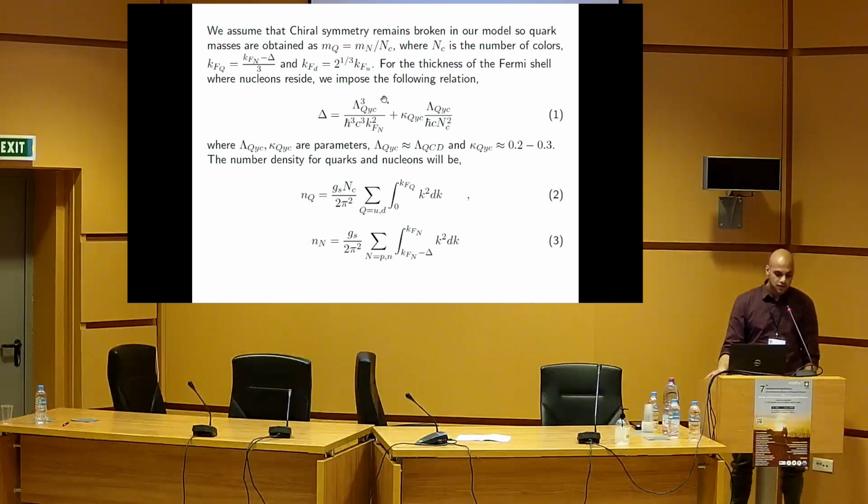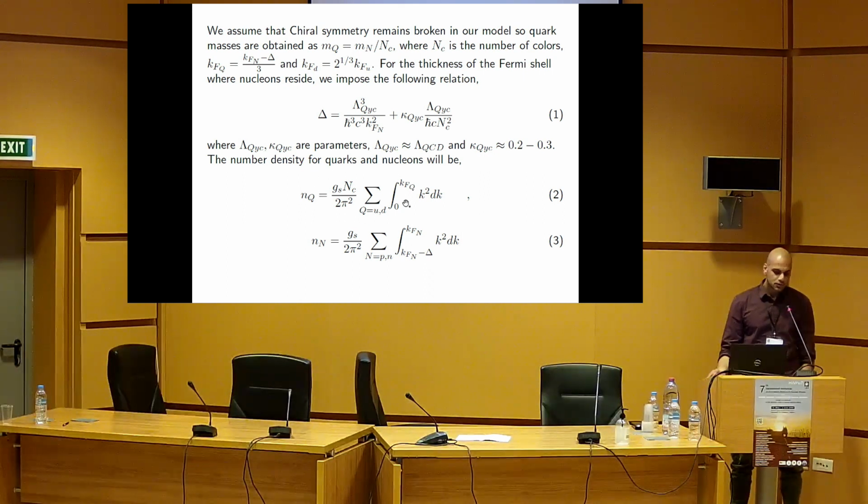For the thickness of the cell, for the width of the cell in the phase space, we assume this phenomenological relation, where the parameter lambda is about the QCD scale, and the kappa parameter is about 0.2 to 0.3.